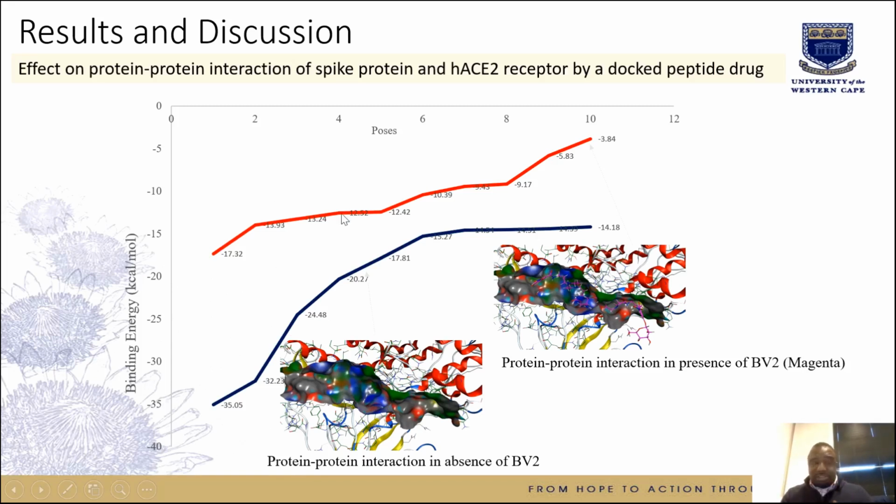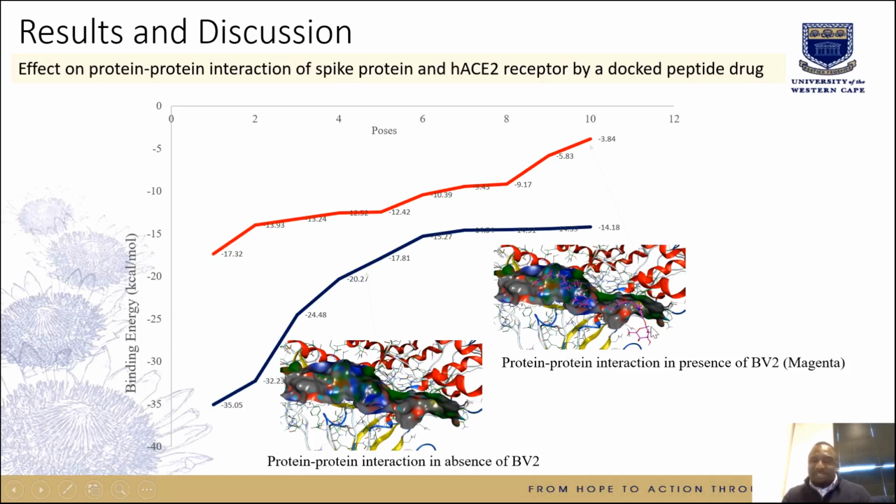In red is the plot of the complex of the spike protein with the docked drug and the HACE2, and the blue line shows the interaction between the spike protein and HACE2 without the drug in between. And you can clearly see that without the drug in between, there's a stronger interaction between the two proteins, even across all the poses that were simulated.